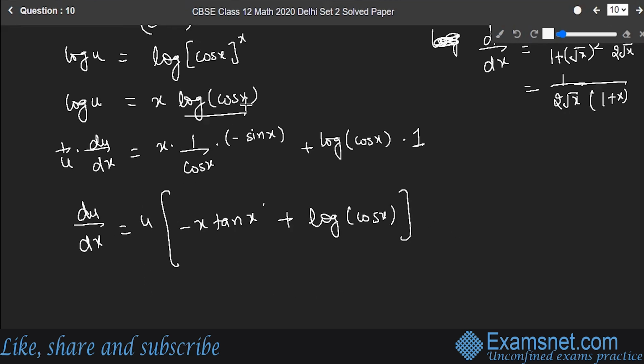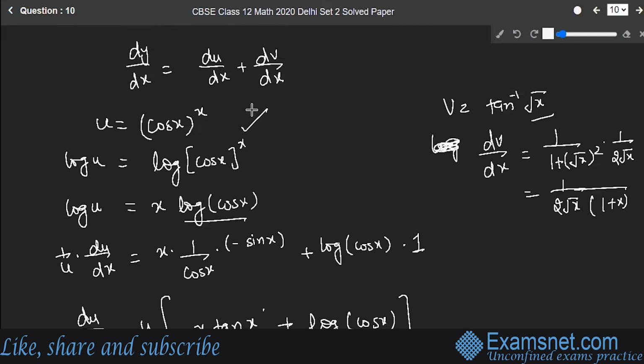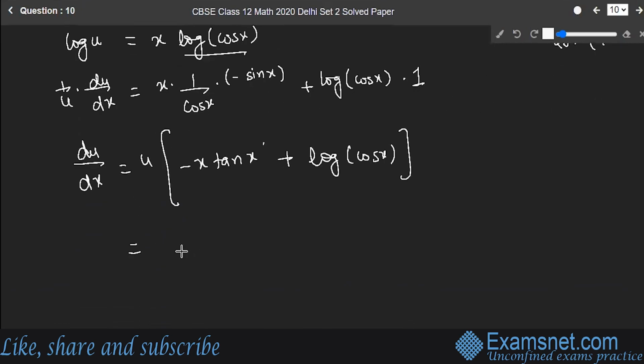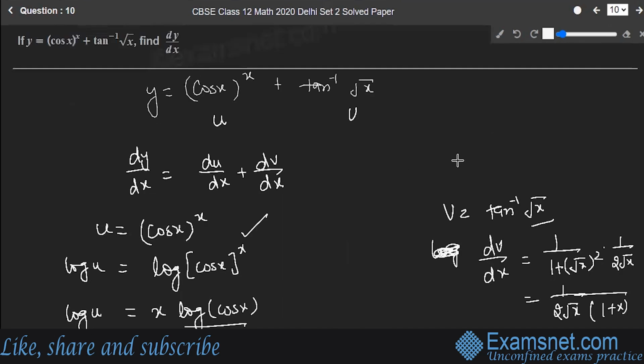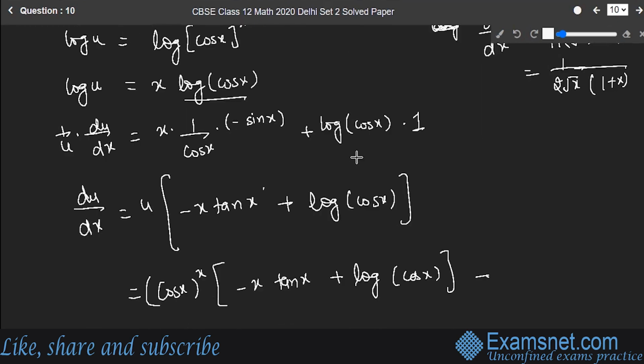What was u equal to? I will fill in u. This is equal to cos x raised to power x, times minus x tan of x plus log of cos of x. Now let's fill this and this in equation 1.